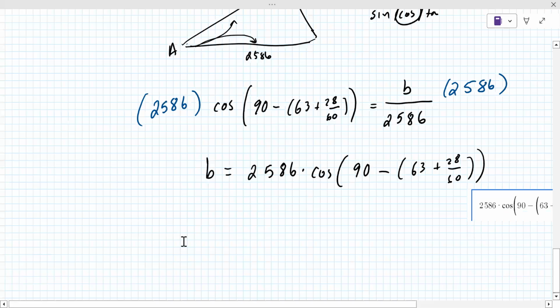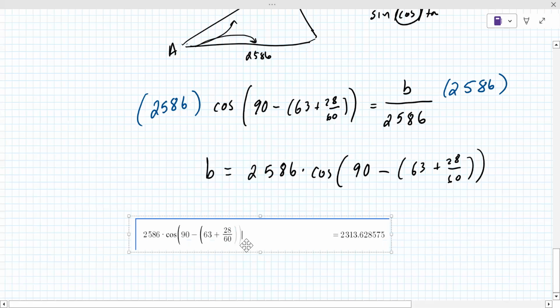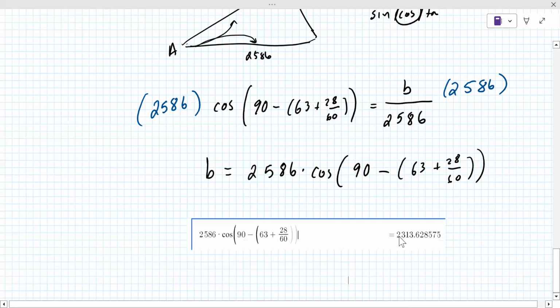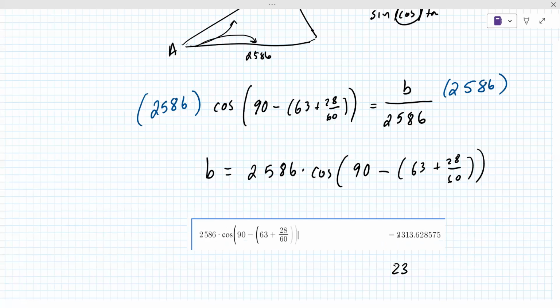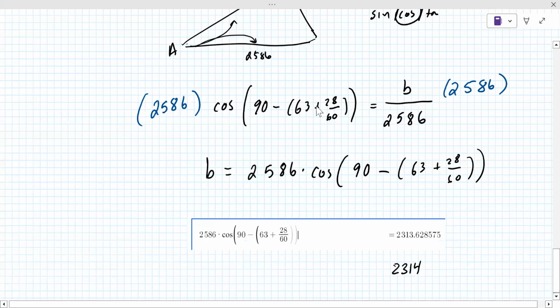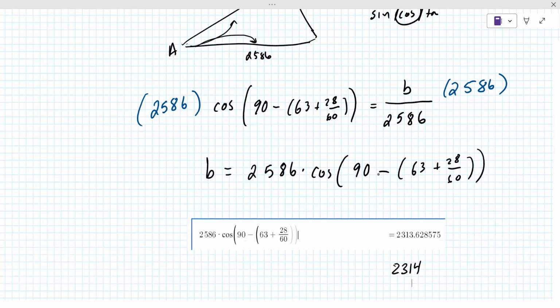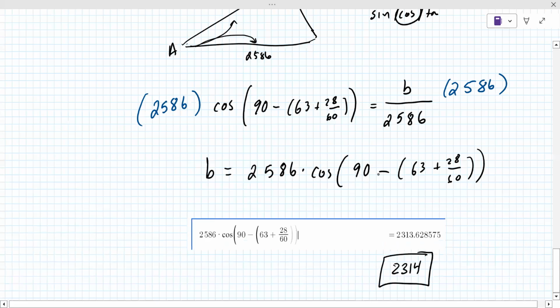It gives me the answer here, 2314 rounded to the nearest integer. Wait, is the final answer the 2314? Yes. All right, awesome. Let me put that in real quick.